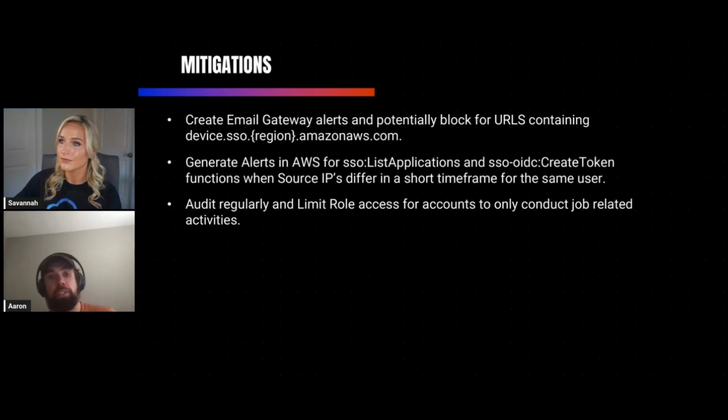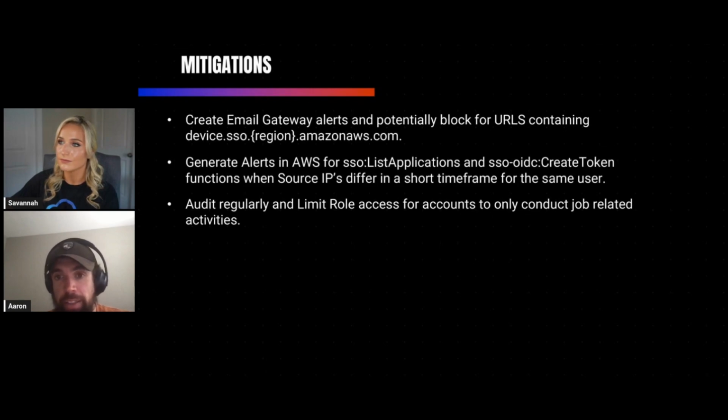So for the mitigations for these, basically, you can create email gateway alerts that block URLs that might contain device.sso.region.amazonaws.com. If you typically know that that's not used in your environment, it could be indicative of a phishing attack. Additionally, in AWS itself, you can set up cloud alerting for SSO ListApplications and SSO-OIDC CreateToken when the source IPs differ for the same user.